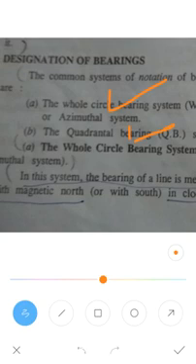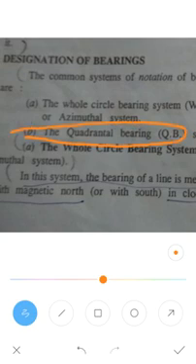Whatever I told, the importance of the quadrantal bearing in this model is very less. No need to work on it, the problems on quadrantal bearing will be very few. But conversion from whole circle bearing to quadrantal bearing is some question you will get sometimes.